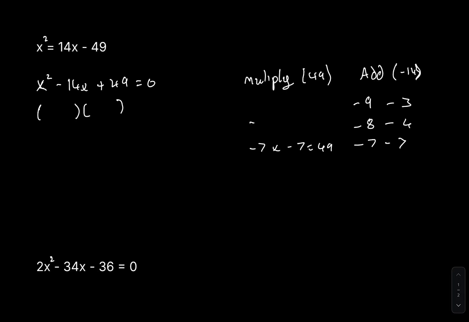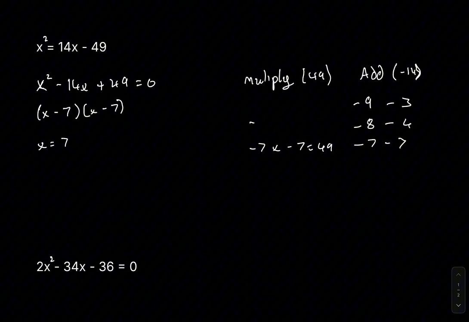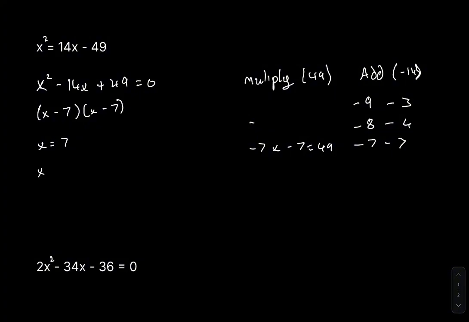So my answer for this one is going to be x minus 7 and x minus 7. Now for our final answer, we need to give our x value. So x equals 7. Now the reason why that equals 7 is, imagine you had x minus 7 equals 0, x equals 7. That's why we changed the symbol coming out of it.